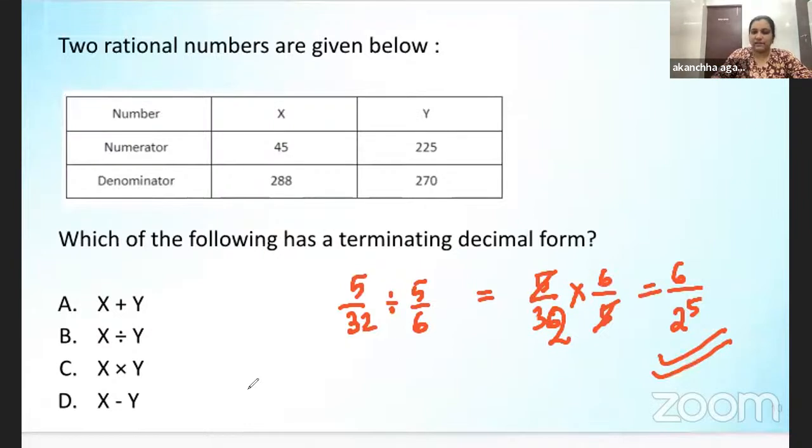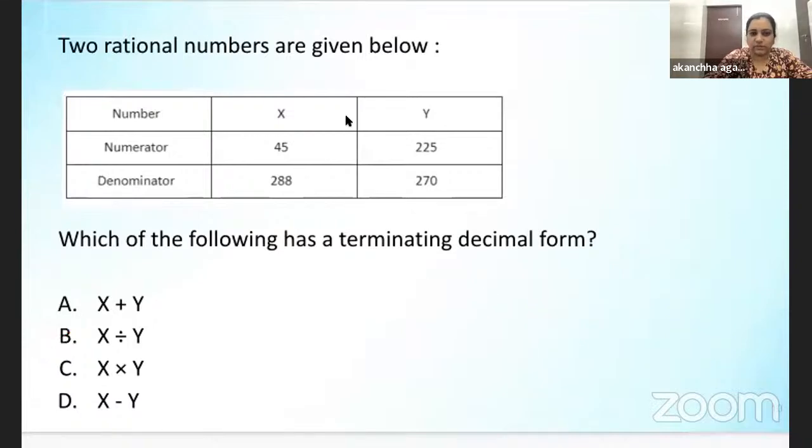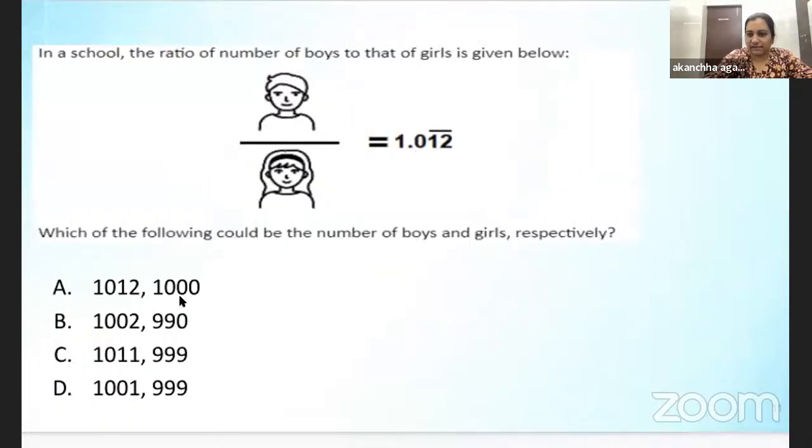Hence we can say that this will give us a rational number which will have a terminating decimal form. Is it clear to you now? I hope it's clear. In case you have any doubts, you can connect to us further also, even after the session. Please don't hesitate in case of any doubts, okay?